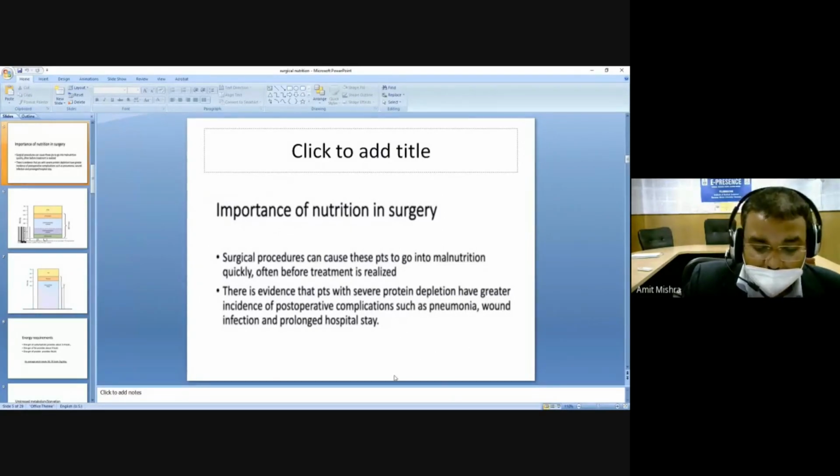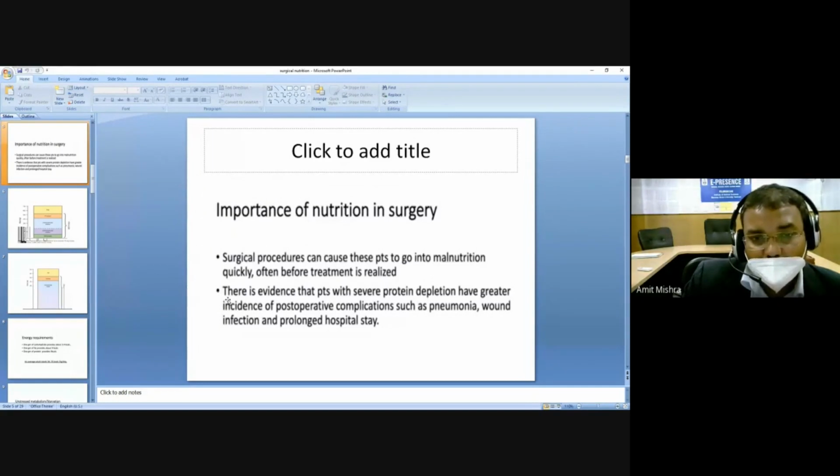So basically the multimodal approach is there for the correction of the nutritional status and also to identify the other risk factors associated with surgical procedures, so as to minimize post-operative complications.